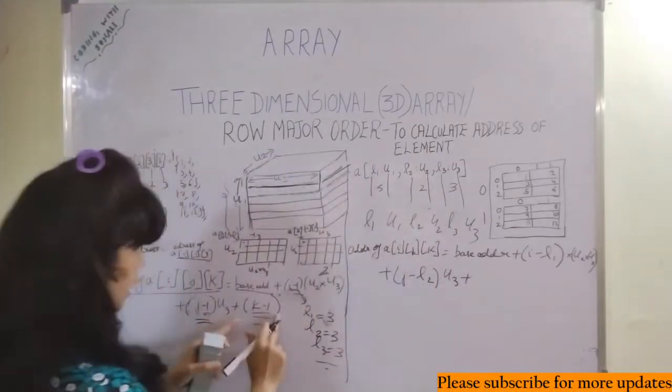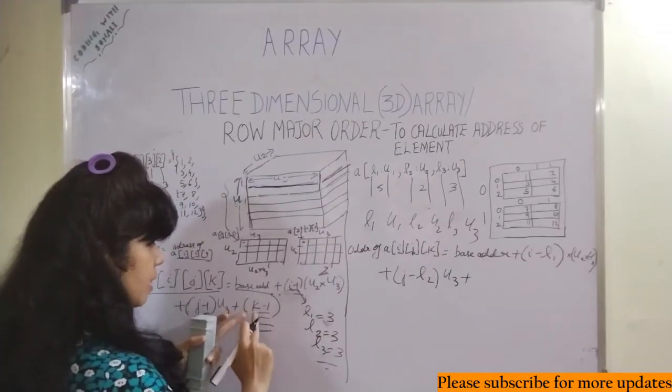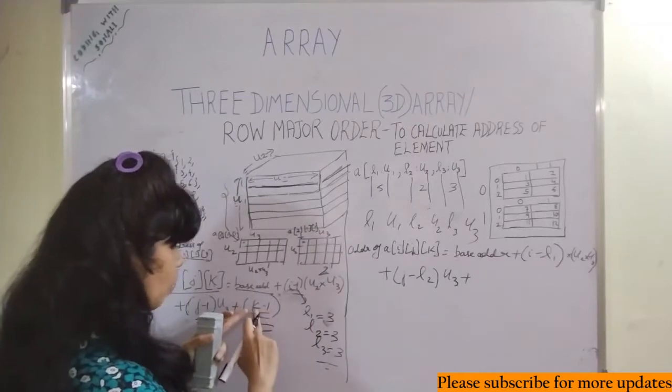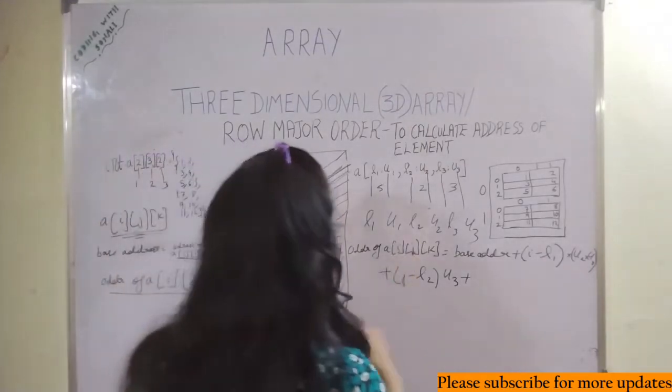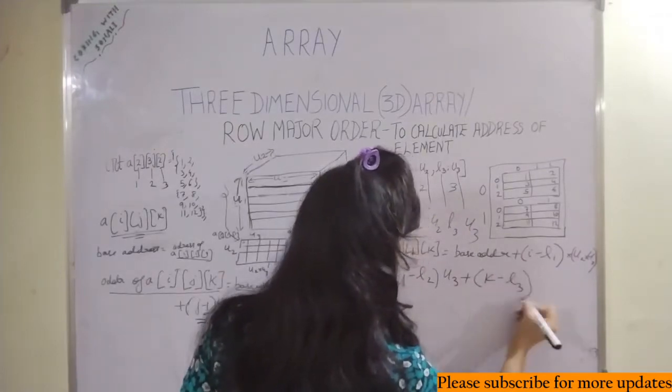So plus k minus 1, again k. We were subtracting 1 from k when the indexing started from 1. We are making the formula generic. Therefore for k we represent the lower boundary of the third dimension as L3, and we subtract L3 from k.